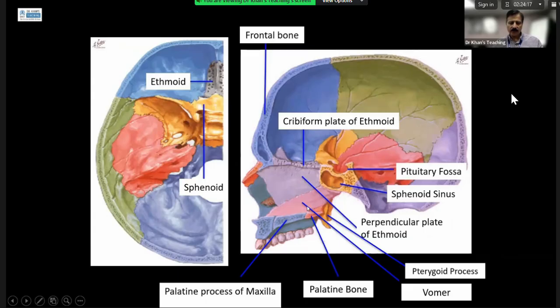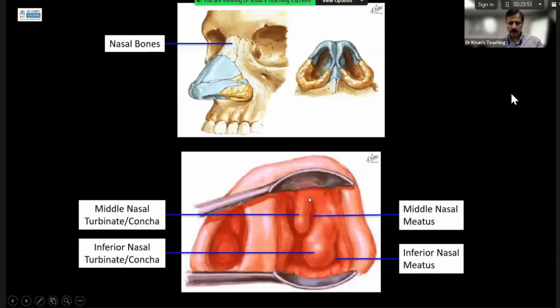Then there is the vomer, and then there is the palatine bone. You don't have to worry about these names. You should only know that the nasal septum is partly bony, and this is that part. Here, I will show you in a diagram shortly. There is a cartilaginous part also. So we take it further.